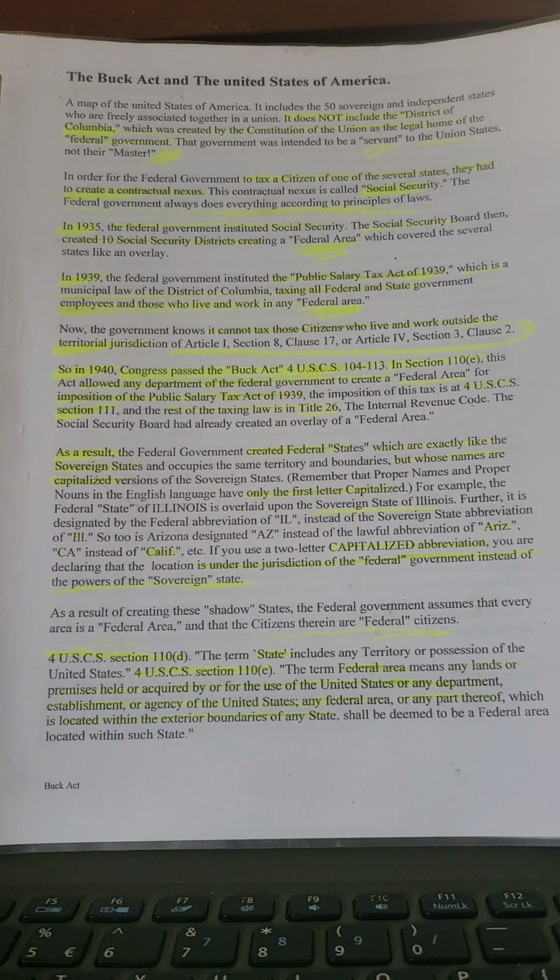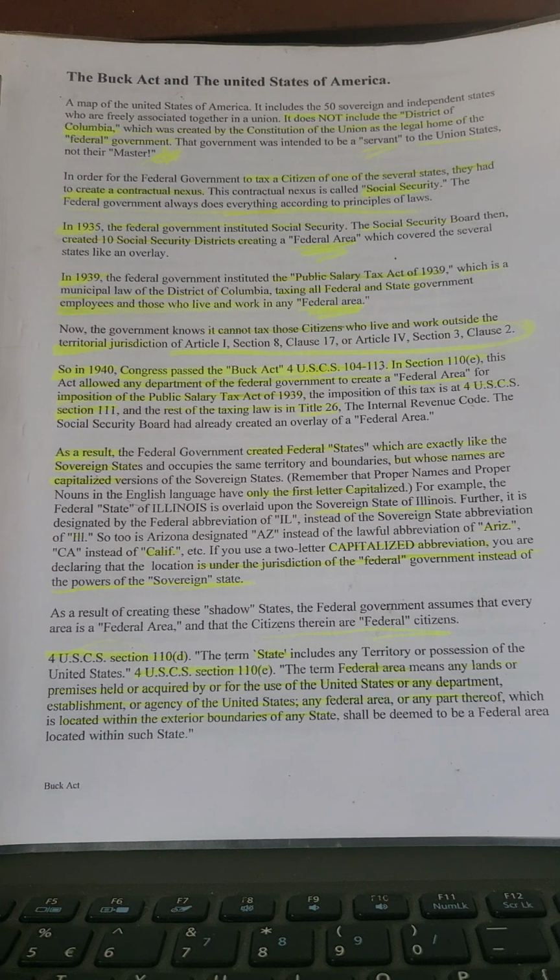4 USCS Section 110D. The term state includes any territory or possession of the United States. 4 USCS Section 110E.